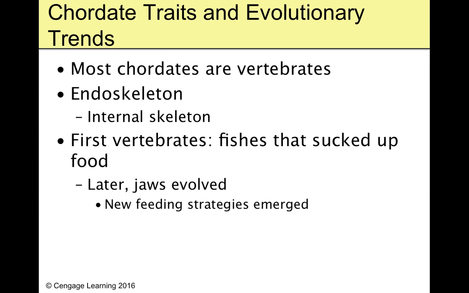Okay, so when we look at chordates, what we're really going to be interested in, not to say those other guys aren't interesting, because they are, but we're going to be interested in vertebrates, because we're vertebrates, and we're selfish, and we think we're interesting.